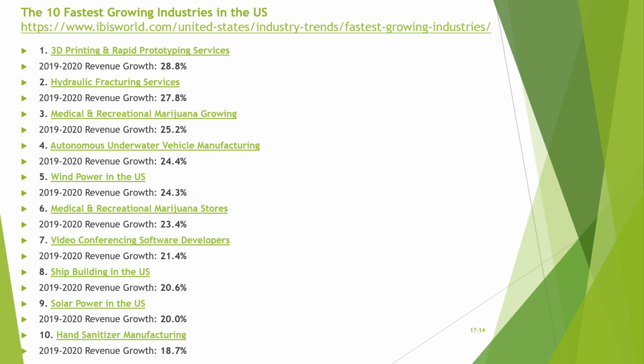If the government wants to move a certain industry, they will inject money and give more subsidies, tax rebates, incentives and grants to move the industry. So it's very important to know what the focus is in a particular country.